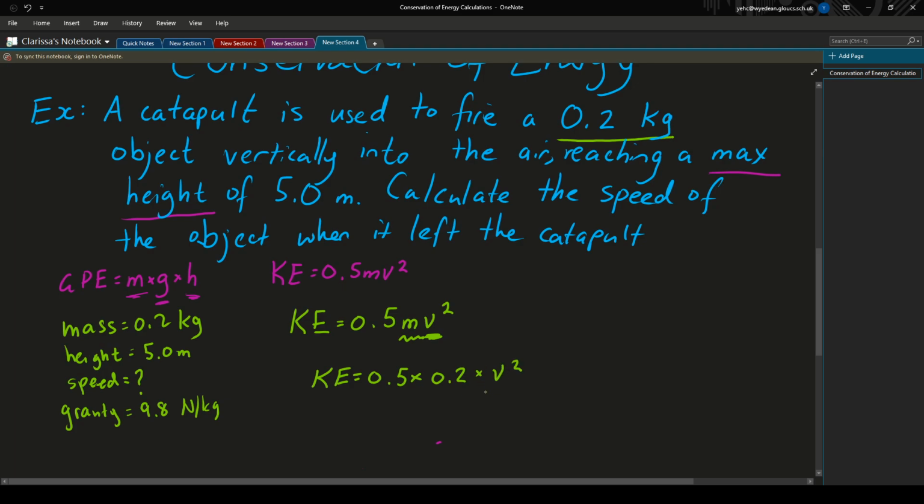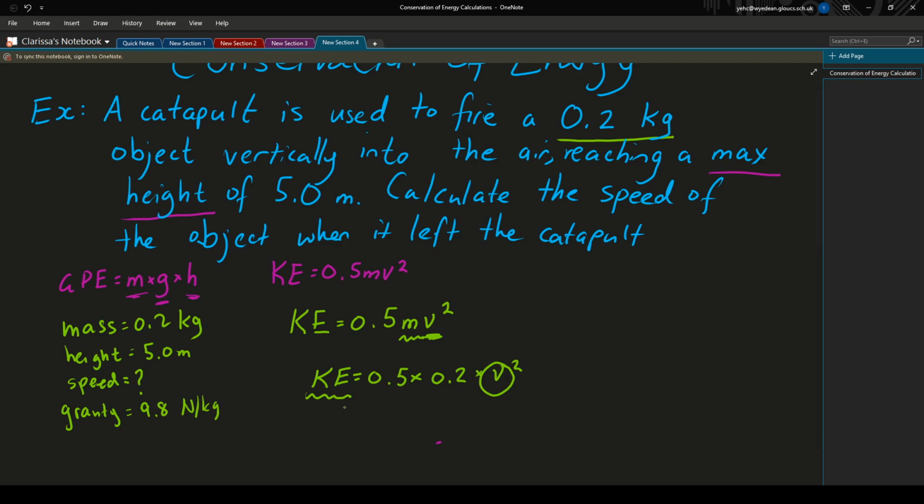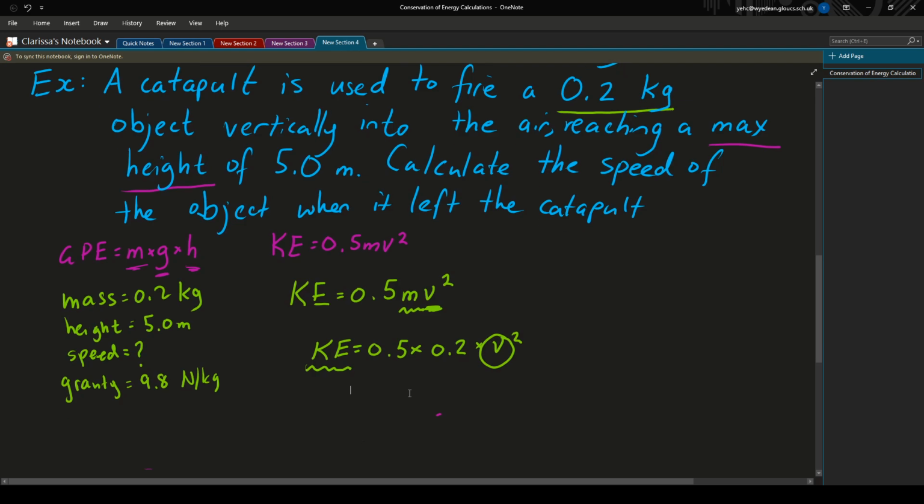But how am I supposed to find V if I don't even know what the kinetic energy is? Because remember, you can't have two unknowns in the same equation. Because we don't know what kinetic energy is, we're not going to be able to find V.